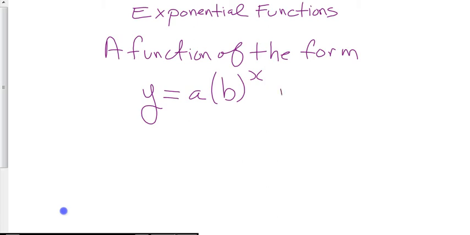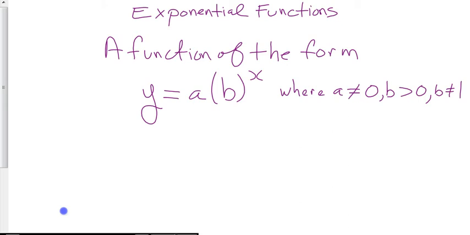In this case, we have some restrictions. So a can't be 0, because if it is, you just end up with y equals 0, right? And that won't be an exponential function. And b has to be greater than 0. And b can't be 1.